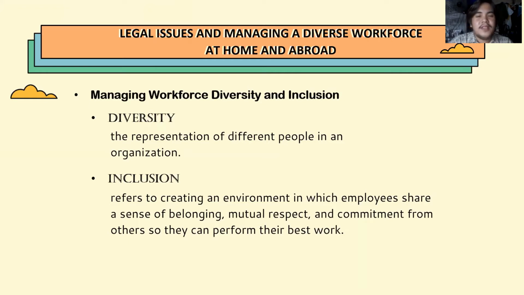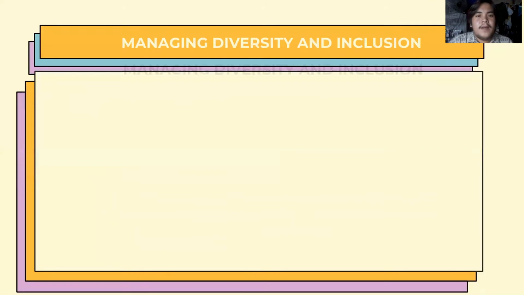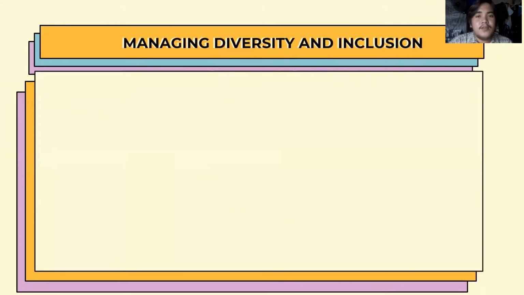Now, since we already know the definition and background of diversity and inclusion, let us proceed to the main point of the two mentioned words, which is managing diversity and inclusion.